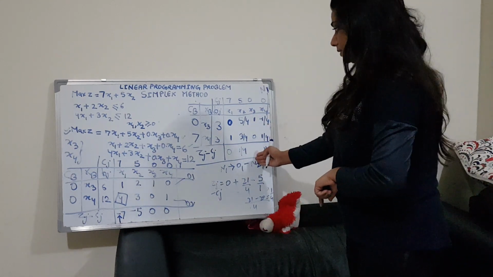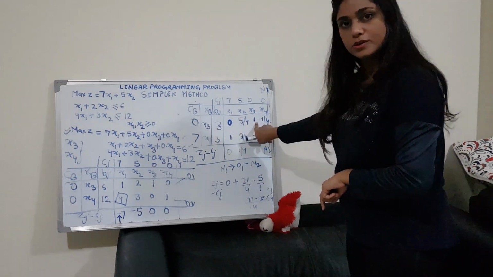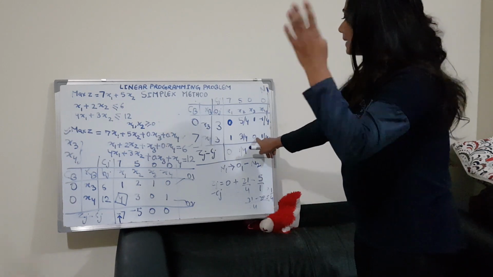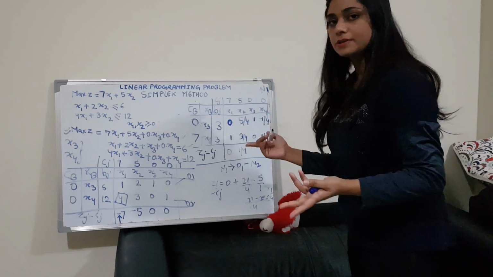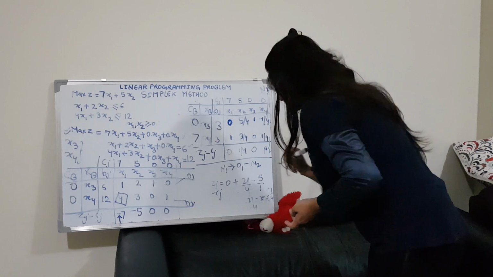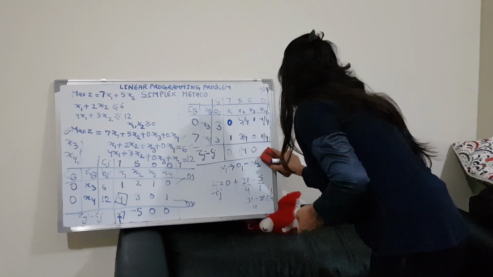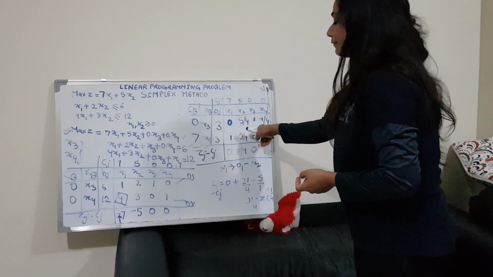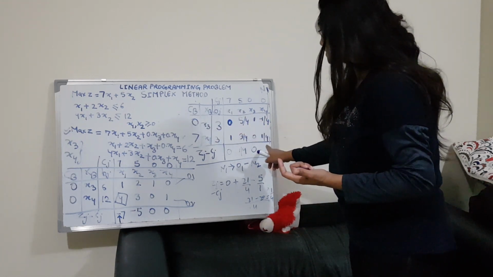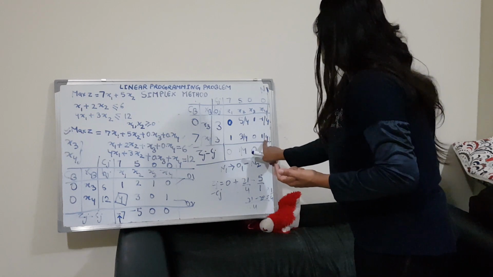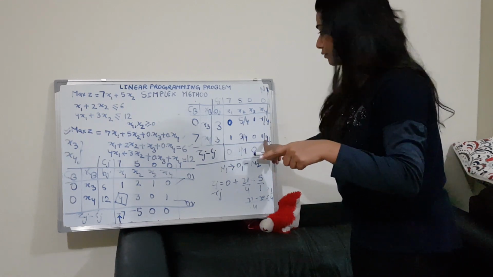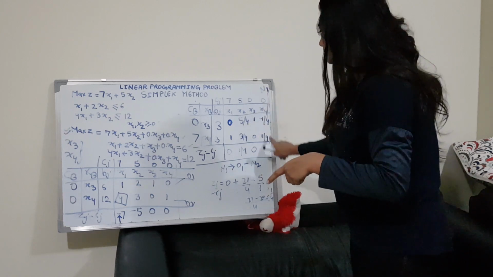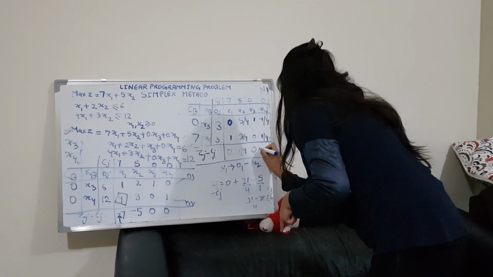For the third column, 0 into 1 is 0 plus 7 into 0 is 0, minus Cj which is also 0. So 0 only. For the last column, 0 into minus 1 by 4 is 0 plus 7 into 1 by 4 which is 7 by 4, minus 0, since Cj is 0 for the fourth column. So we get 7 by 4.